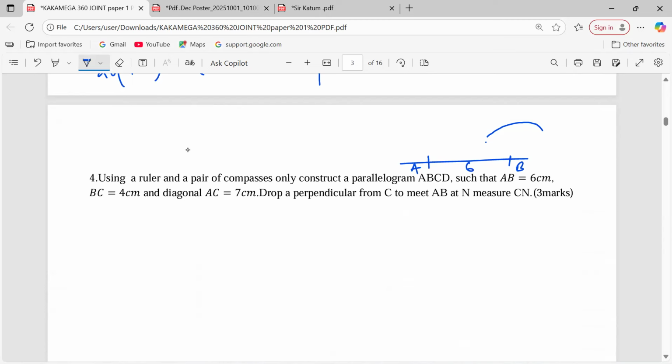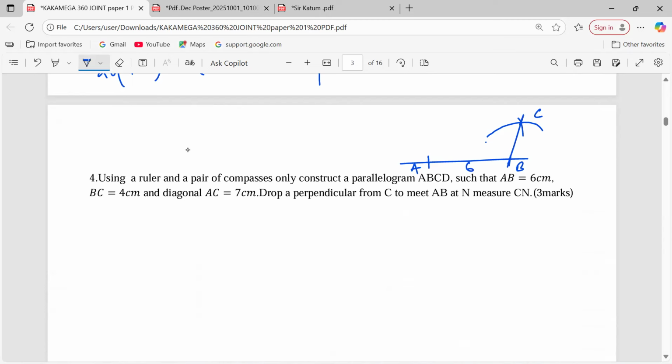But when we stand at A, we use a distance of 7 to make an arc. That will become our C. So we identify point C by considering 4 centimeters from B and 7 centimeters from A. That intersection gives us C.